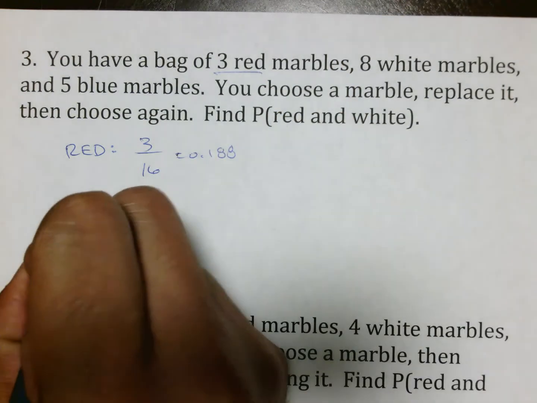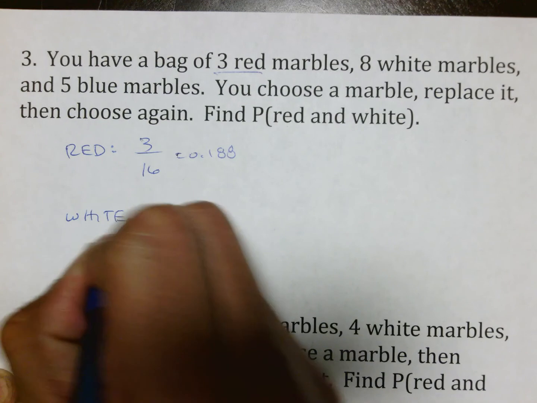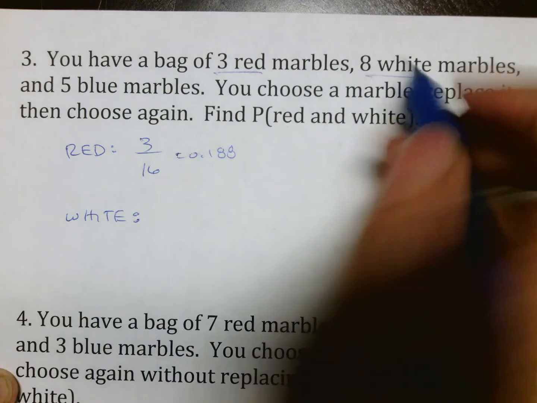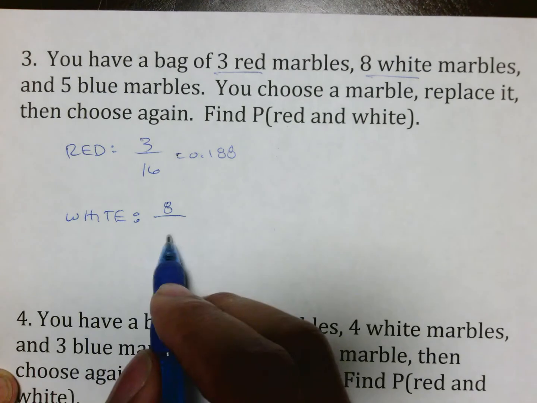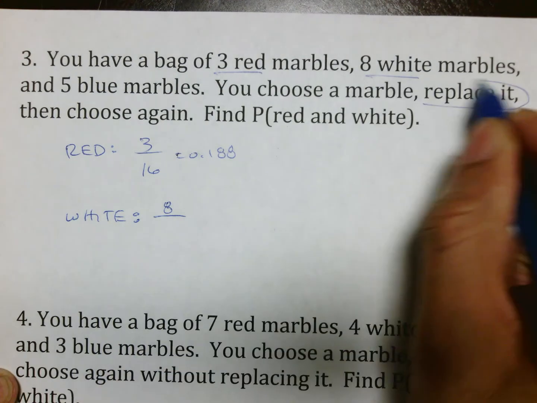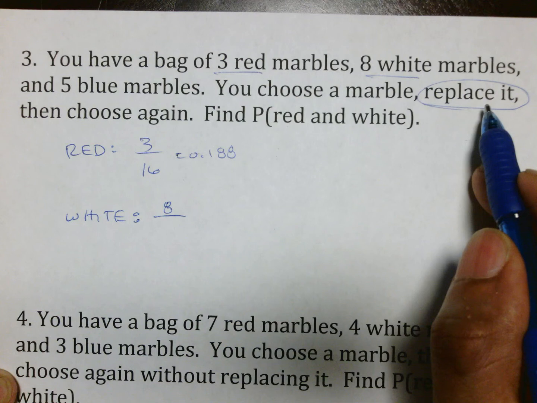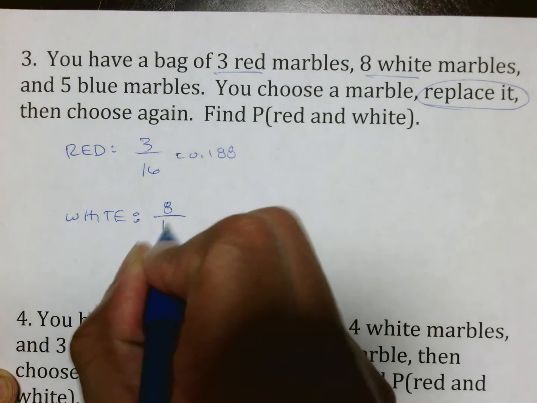And then you want a white marble. Again, the key thing is the top number is easy. There are 8 white marbles, so there are 8 good picks, but you have to remember to always go back for your second pick and ask yourself, am I putting it back? Because we are replacing it, that means that there will still be 16 marbles in there.